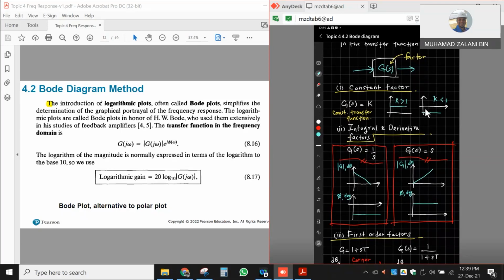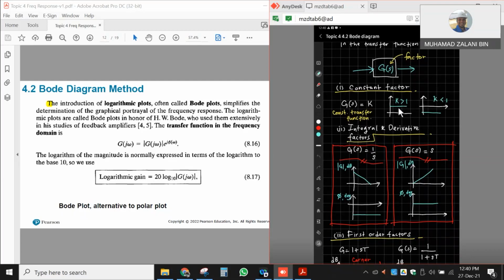If K is smaller than 1, for example 0.5, you can see the plot is below, meaning to the negative of the vertical axis, which is the gain in decibel, which is negative.